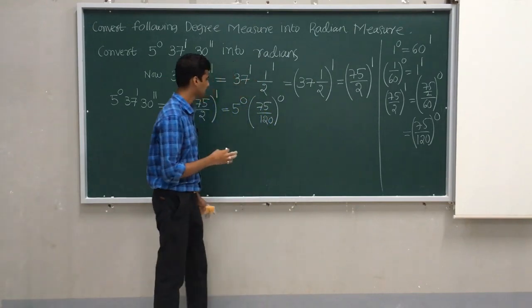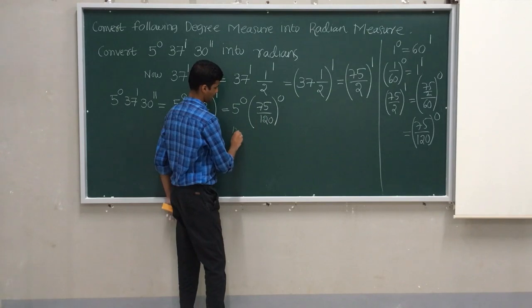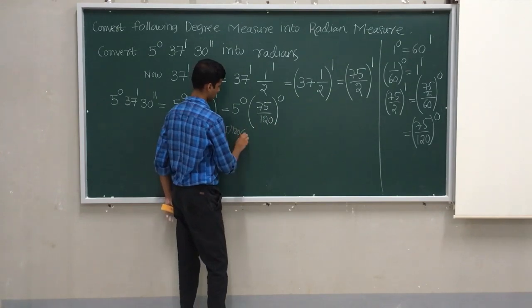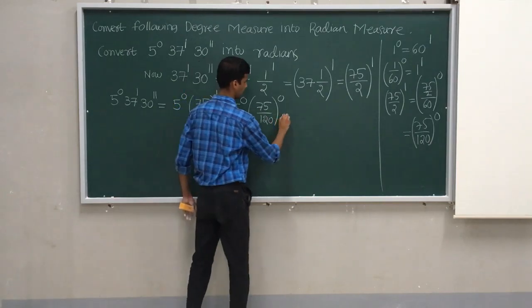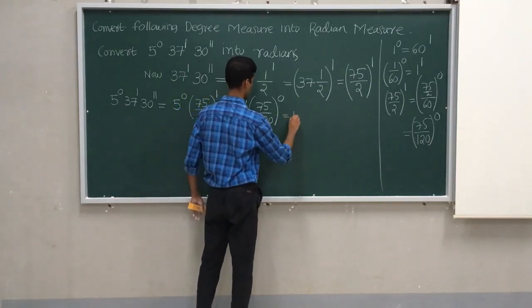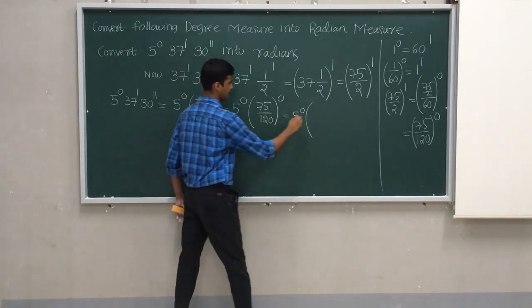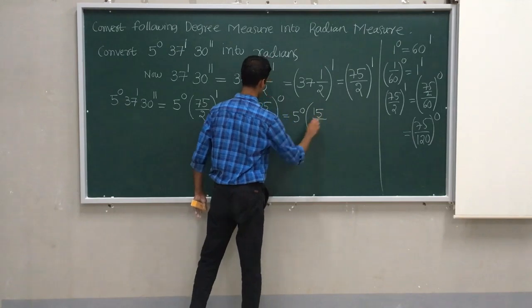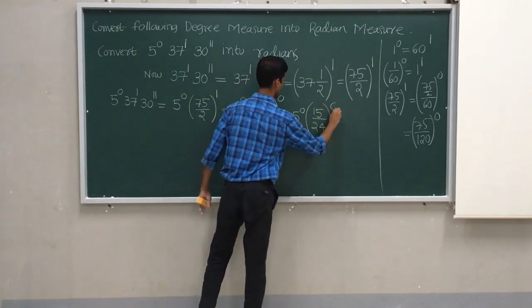Right? Again I can write this thing as, let me use some calculation. It is 5 15s, so I can say 75 means 5 15s, and 5 24s degree.